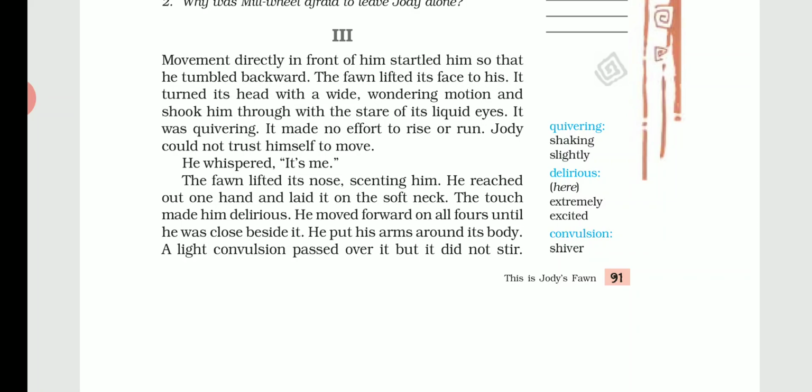Okay, his touch made the fawn excited and he moved forward in an attempt to be close to Jody. Jody put his arm around the neck and made the fawn shiver slightly, but it did not stir, which means that it was not frightened but comfortable. Who was not frightened? The fawn was not frightened by the touch of Jody, and he was comfortable in that.